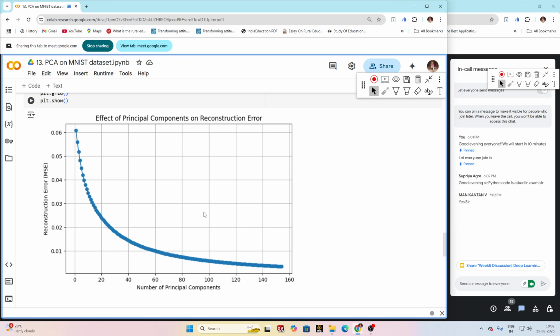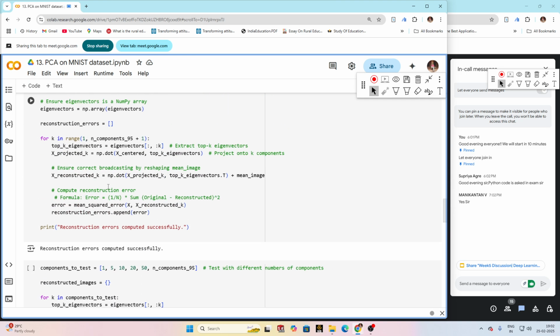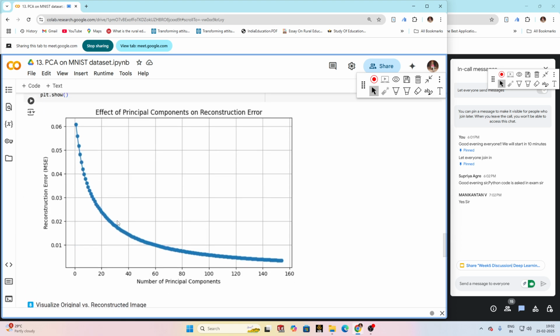It's showing a little bit tilted. Okay, we are just using this equation, right? We are computing our reconstruction error by this equation. So it should come the same for everything. No, sir, it's not exactly the same, but it is similar.